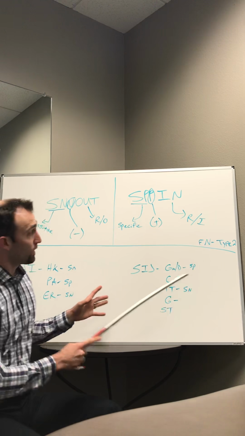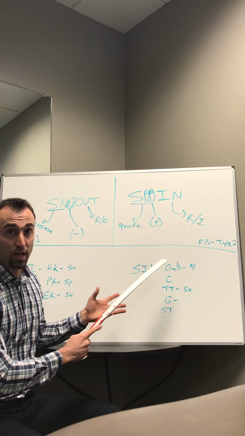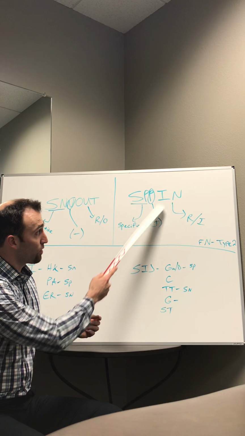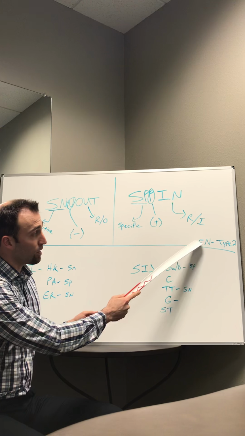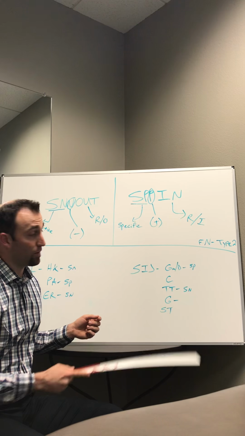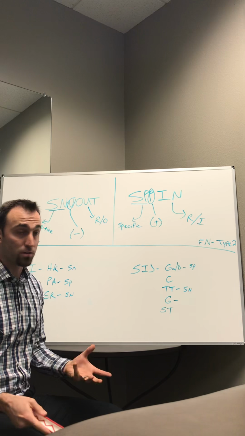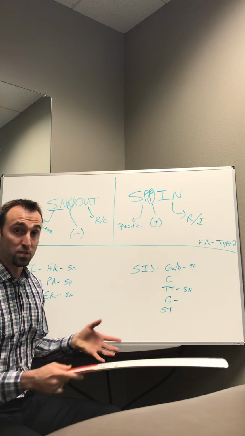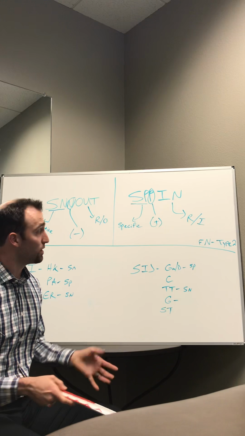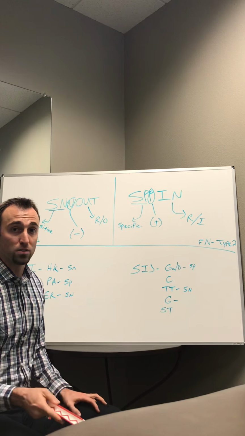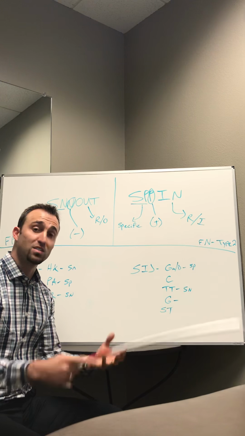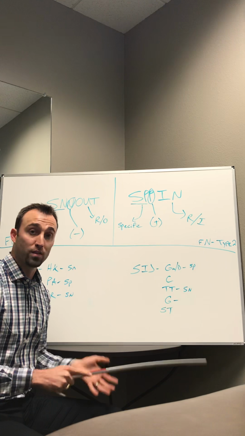Now, if we look at specific tests, a specific test, when positive, rules in a condition, but that leads us to a lot of false negatives, or what's called type 2 errors. Because specific tests aren't very sensitive, you will get a lot of false negatives: somebody that actually has the condition, but they test negative on the test.